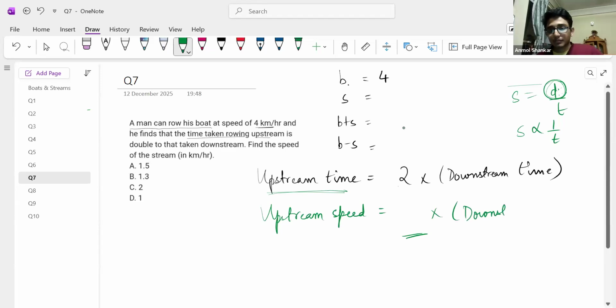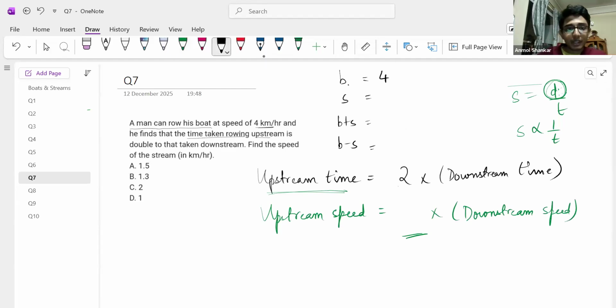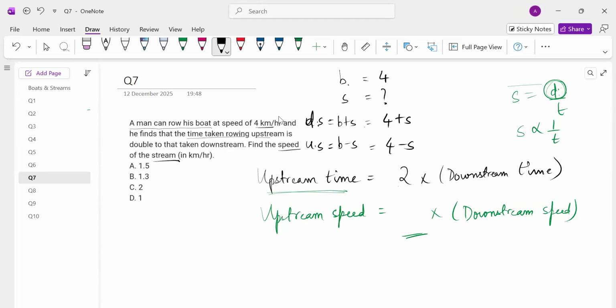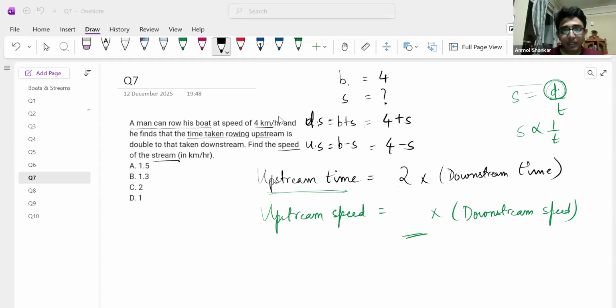Tell me. The question asks for the speed of stream, so speed of stream is the question mark. b plus s is 4 plus s, b minus s is 4 minus s. This is downstream, this is upstream. Sorry, yes. Four or five of you have put it.